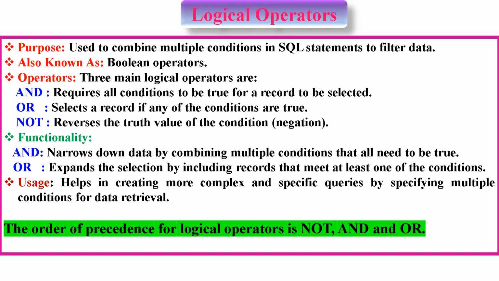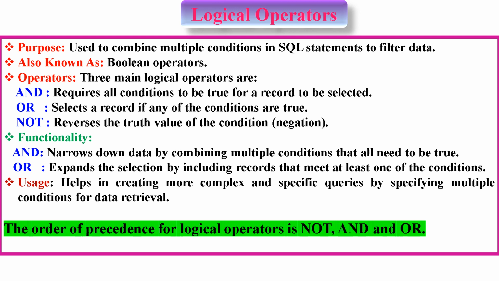Functionality. The AND operator narrows down data by combining multiple conditions that all need to be true. The OR operator expands the selection by including records that meet at least one of the conditions. Usage. It helps in creating more complex and specific queries by specifying multiple conditions for data retrieval.